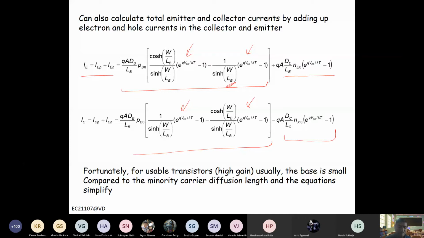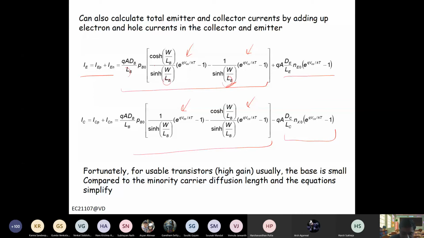So sine hyperbolic of x, when x is small, you can write it as x only, right? And when x is small, cos hyperbolic will be close to 1. So when you substitute here, sine hyperbolic x becomes x, so W by LB here, and this LB will cancel. So you will have W in the denominator.